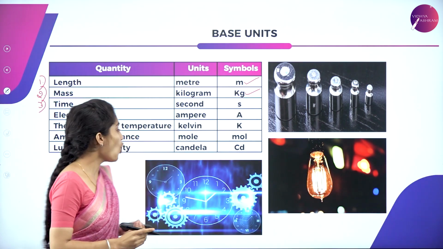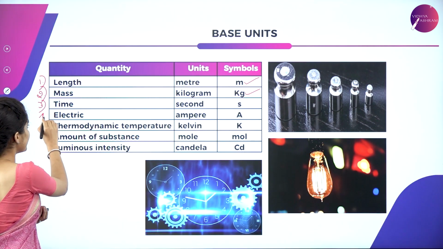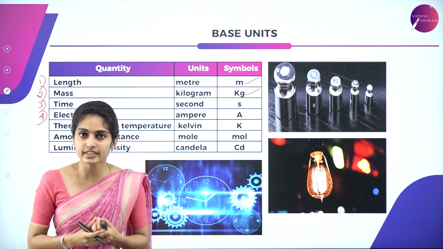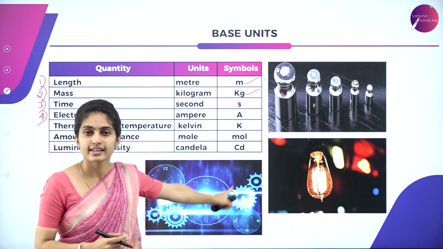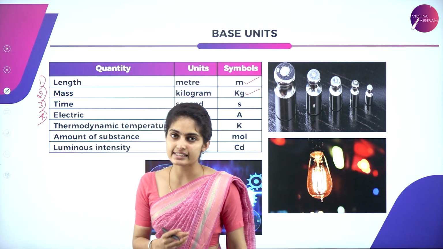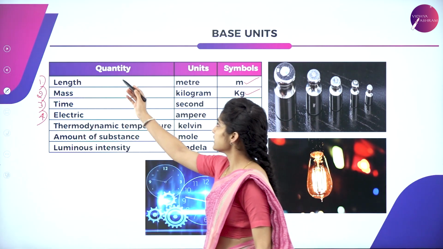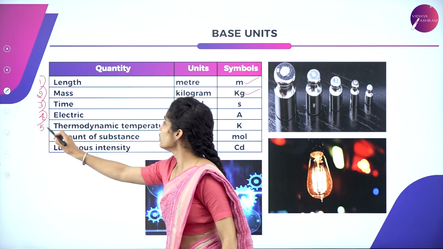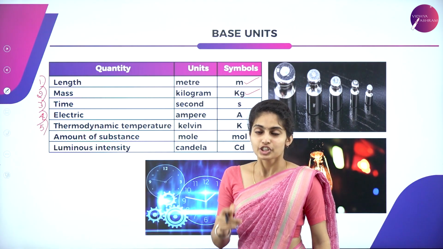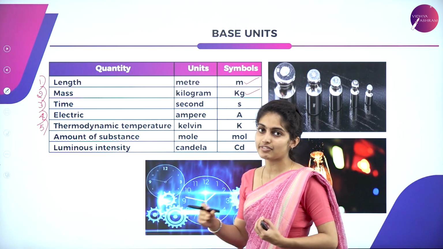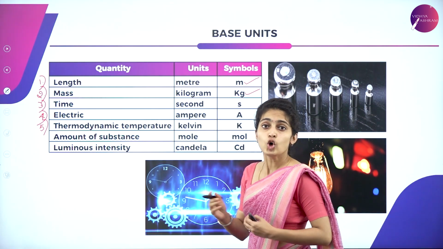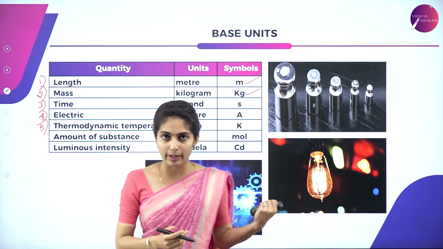Okay. The fourth one is electric current. The unit of electric current is ampere, and its symbol is A. Next quantity is thermodynamic temperature. For thermodynamic temperature, the unit is kelvin, whose symbol is K.